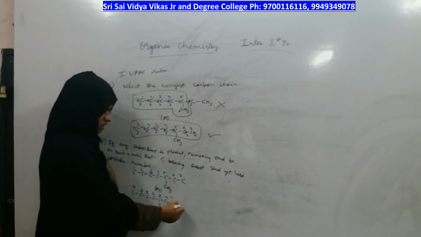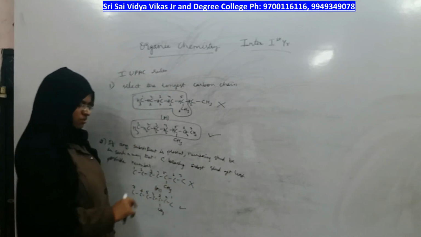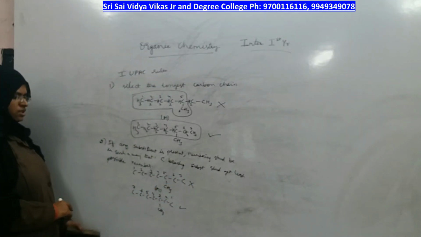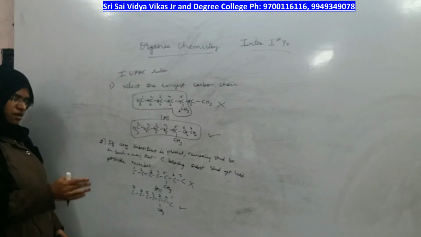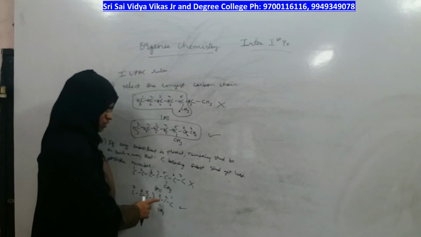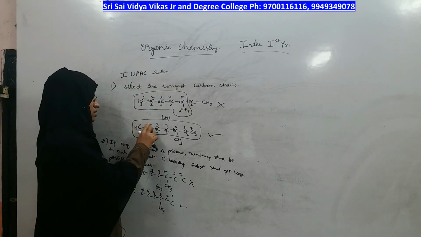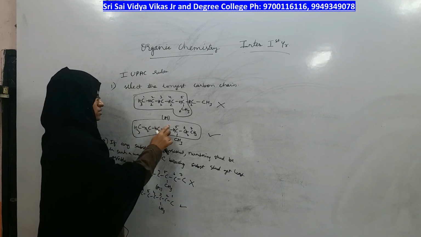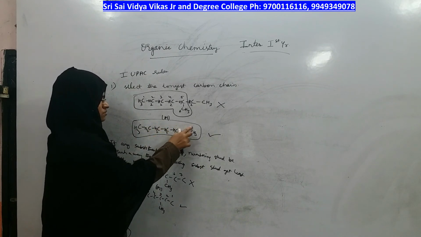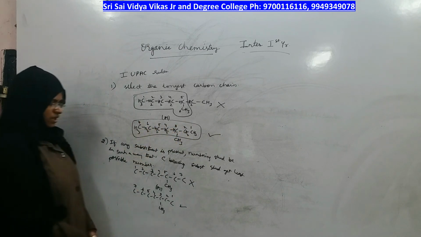So that numbering is correct, and where the least possible number is not there, that numbering is wrong. It can be present at any carbon, but the carbon bearing a substituent should get the least possible number. That is the only correct numbering, other numbering is wrong. So I will change in this also, right?